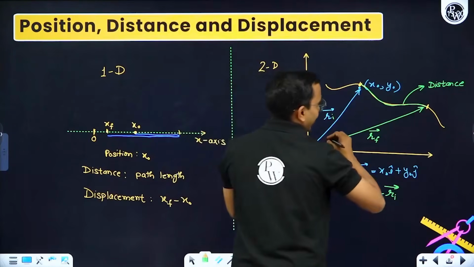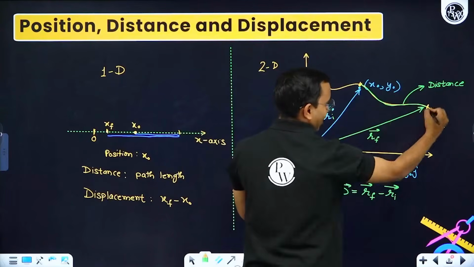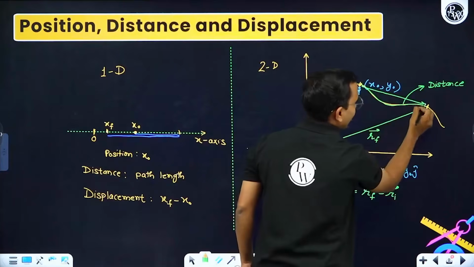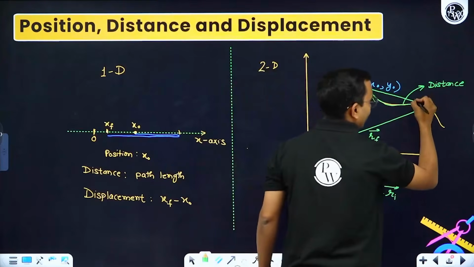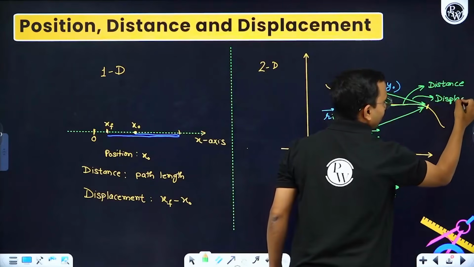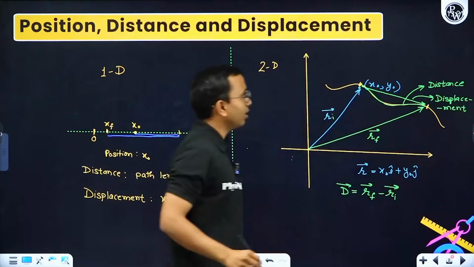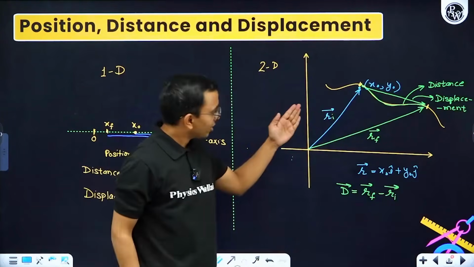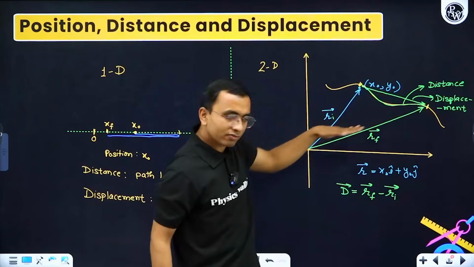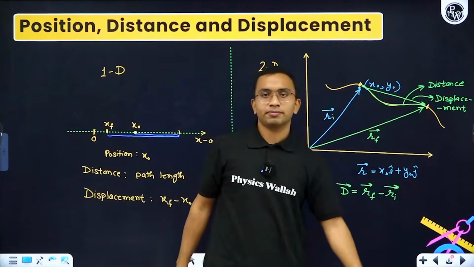If you write final minus the initial, that will become this. This is my displacement here. You can see this from the triangle law of vector addition. This vector plus this vector is my final vector. I need final minus initial, so you'll get that vector.